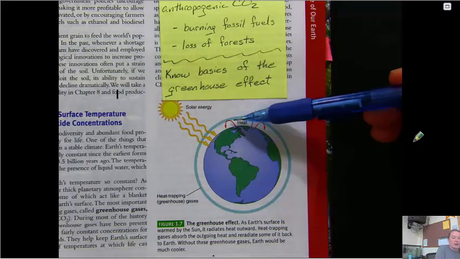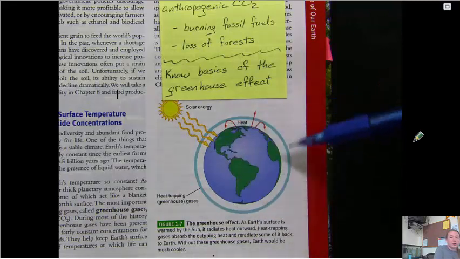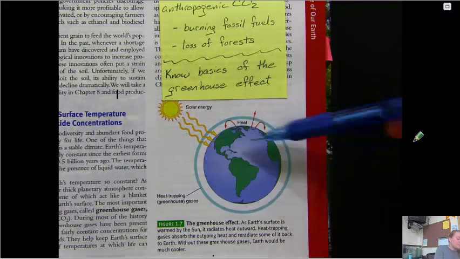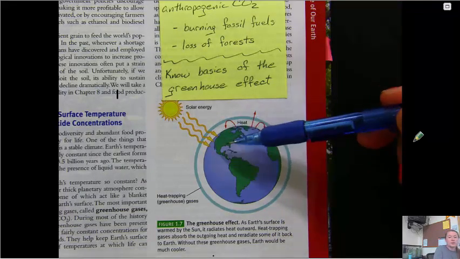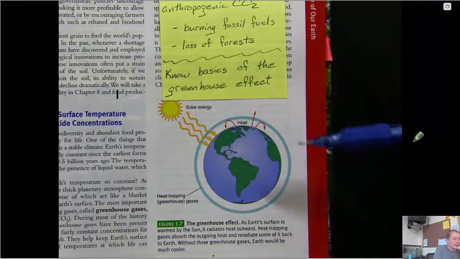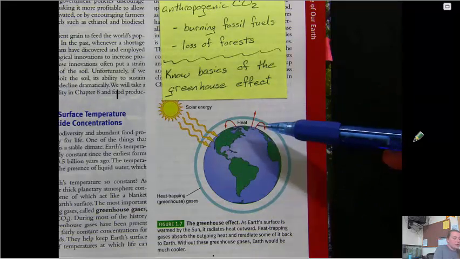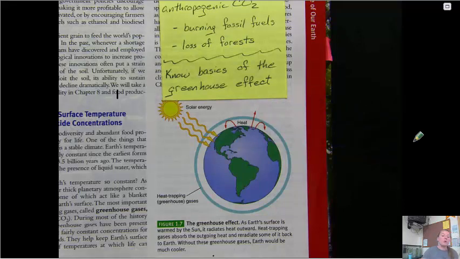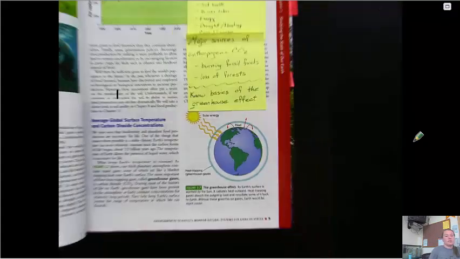Some heat is reflected back up towards the atmosphere, and our greenhouse effect, so our good greenhouse gases, help keep that heat near the earth, so that way the earth stays warm and acts like a nice cozy blanket. Some of that heat does escape, but as we're having more and more greenhouse gases put into the atmosphere, we are having more and more heat reflected back towards the earth, and that's causing some problems.